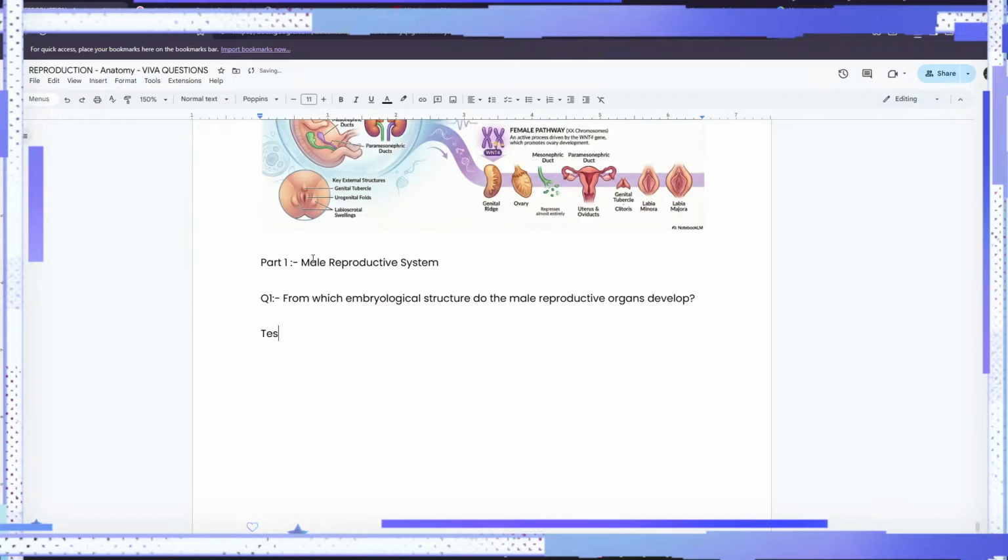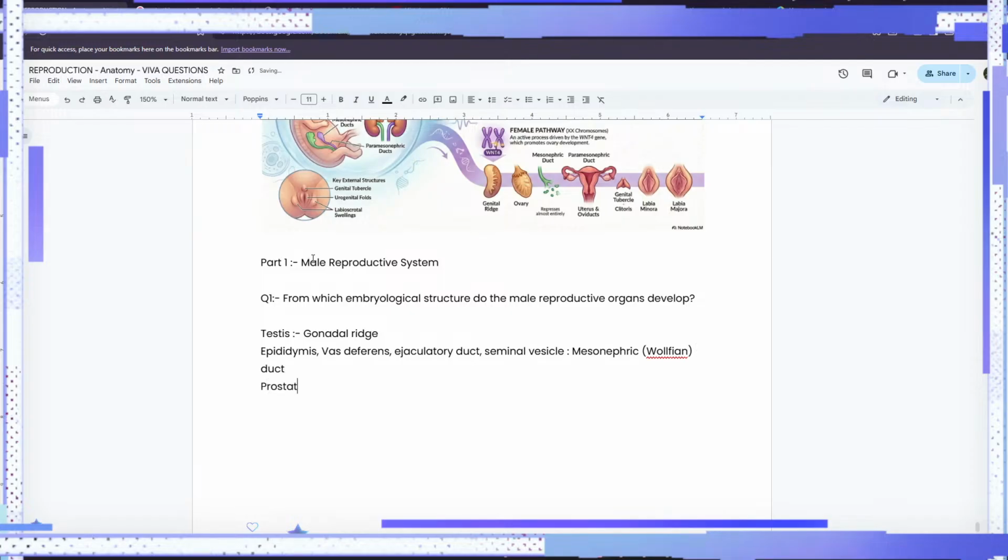So, testis is from the gonadal ridge. Epididymis, vas deferens, ejaculatory duct, seminal vesicle from the mesonephric slash Wolffian duct.